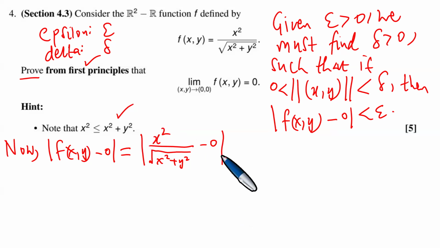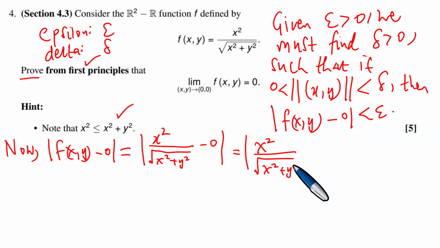But remember the hint. What is the hint? If we're subtracting 0, it is the same as subtracting nothing, so we can just write it like this. This is less than or equal to x squared over the square root of x squared plus y squared.